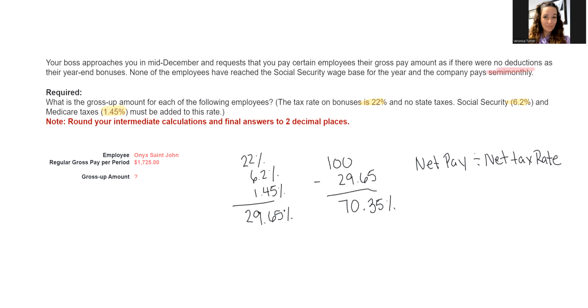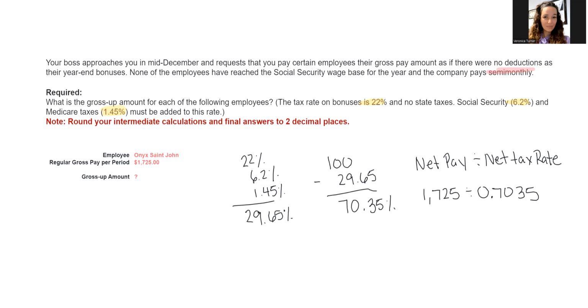And that's going to give us our gross up amount. So for this individual, he gets 1,725. And then we're going to divide it by 70.35%. So the percentage ends up going to divided by 0.7035.